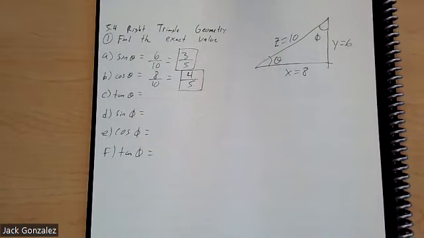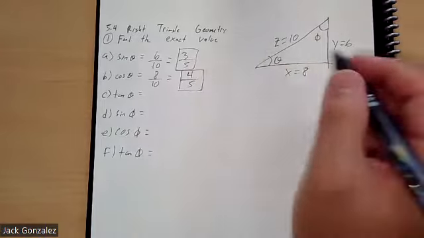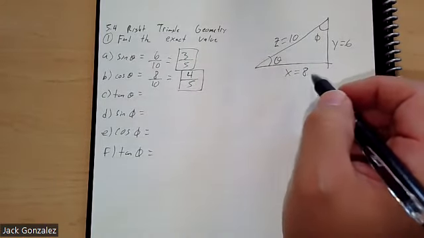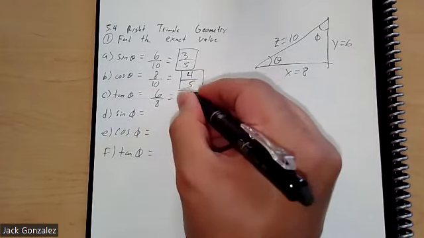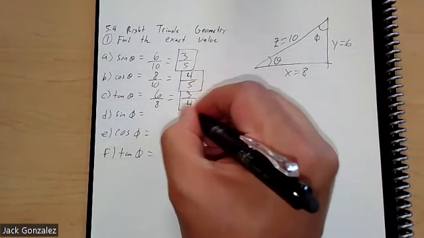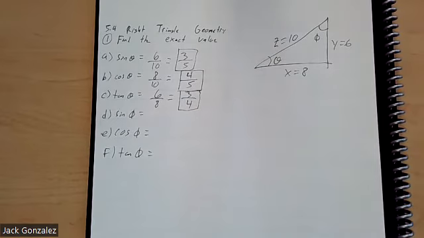Tangent of theta. Yeah, the opposite over the adjacent, so over 8. Okay. Sine of phi.